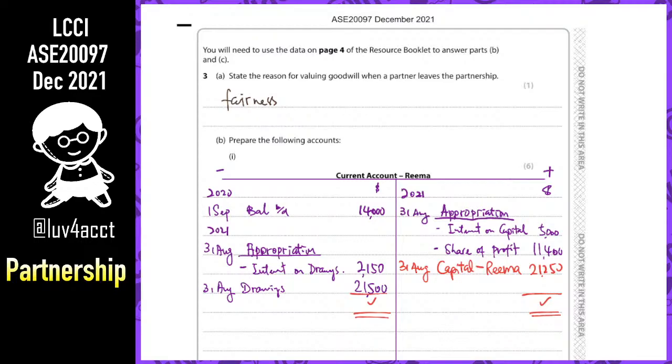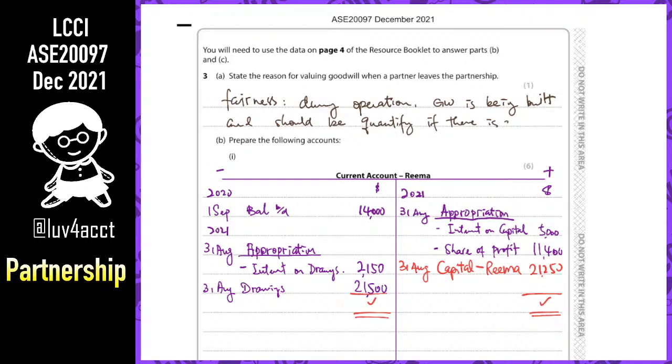So for fairness, because during operations, goodwill is being built, and should be quantified if there is a change in the partnership.